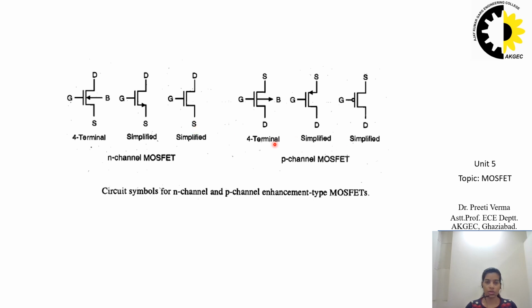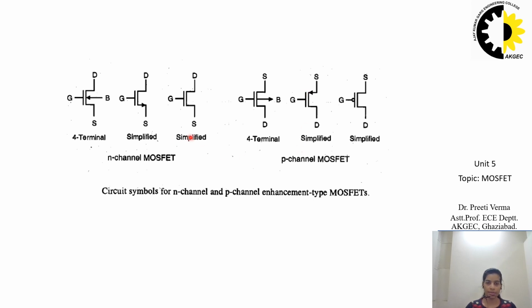What is the difference in the representation of PMOS and NMOS? If we have represented the four terminals, then the body of the NMOS will be pointed inwards and the body of PMOS will be pointing outwards. Similarly, in the simplified structure, at the source terminal the arrow will be outward for the N-channel MOS, and for the P-channel MOS the arrow will be inwards.